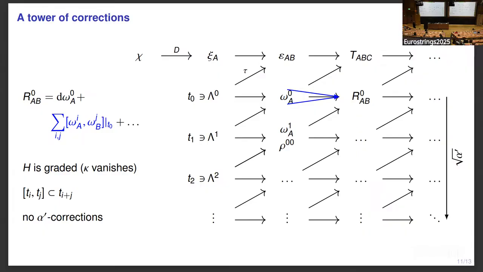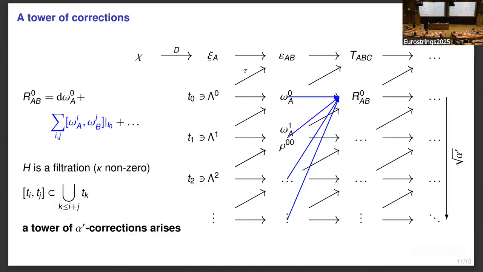So that means to land here, we have to have a 0 here and a 0 here. So we won't have any alpha prime corrections, but when the kappa is non-zero, we will get a filtration. And all these higher correction terms will land in our equations of motion, and we get an infinite tower of higher derivative corrections.